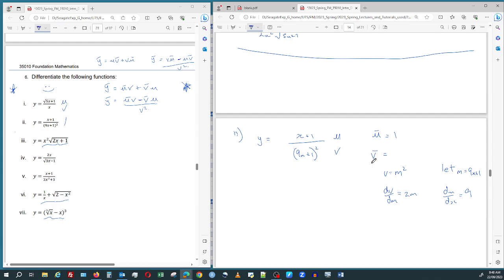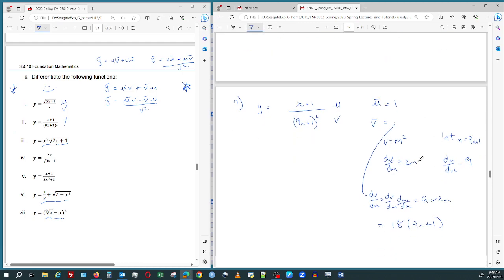Okay, so v dash is dv dx, which is going to be dv dm times dm dx. We're still going to have dv dx. So now it's 9 times 2m, which is 18 times 9x plus 1.